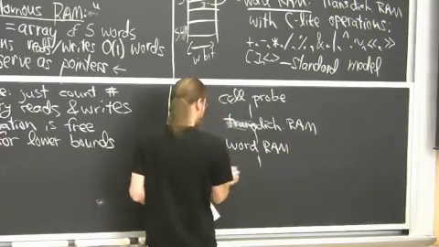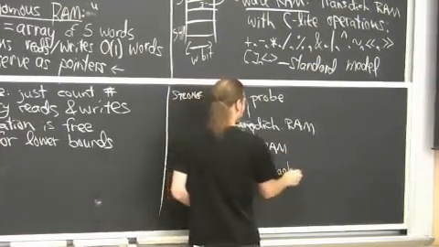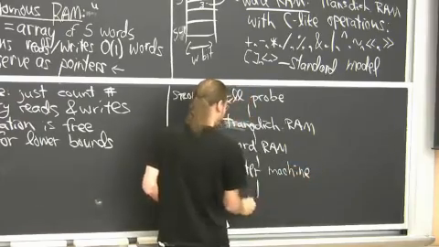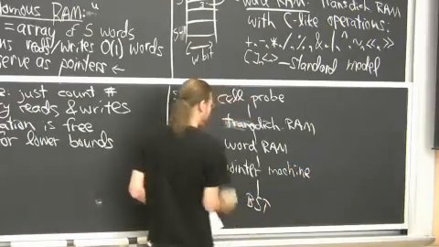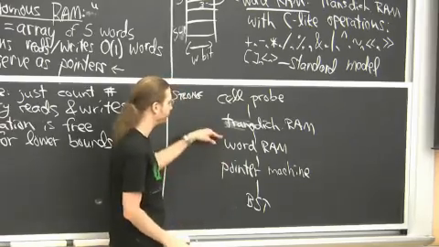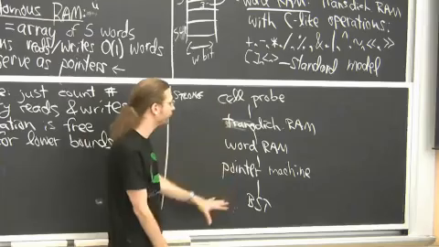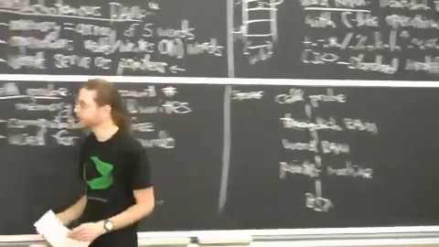Then just to fit it in context, what we've been doing, below that is pointer machine, and below that would be binary search tree. As mentioned before, pointer machine is more powerful than binary search tree. And of course, we can implement a pointer machine on a word RAM. So we have these relations. There are, of course, other models, but this is a quick picture of models we've seen so far.